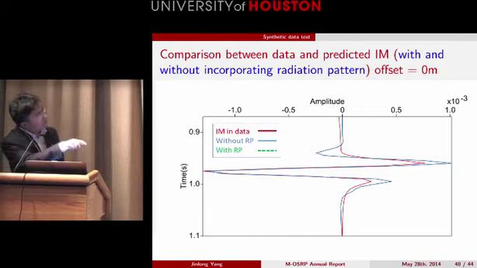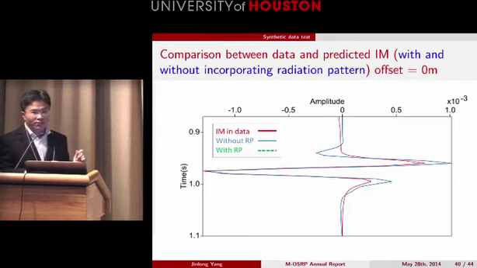The red one is the internal multiple in the input data, the blue one is the predicted internal multiple without a radiation pattern, and the green dash one is the predicted internal multiple incorporating radiation pattern. At the zero offset, there is no big difference because of the symmetry of the source in the middle.